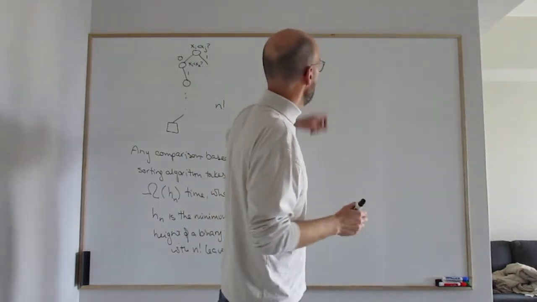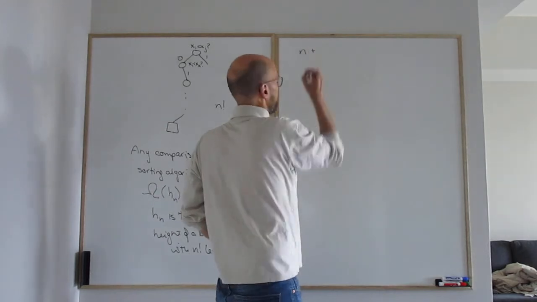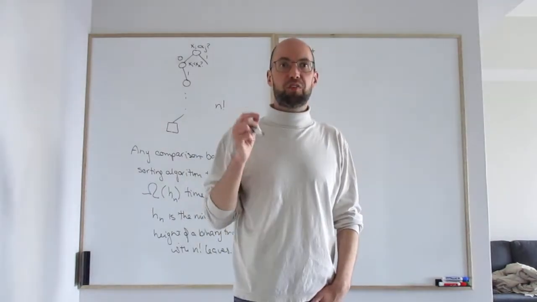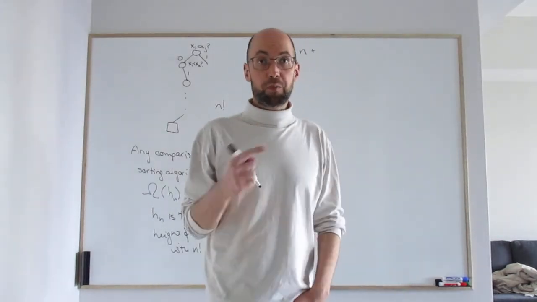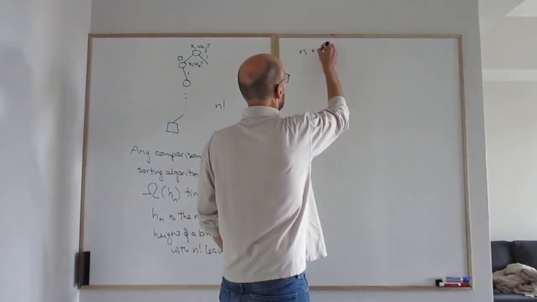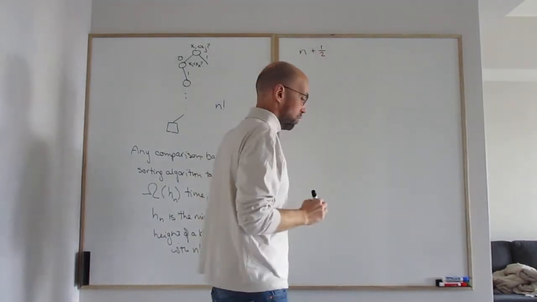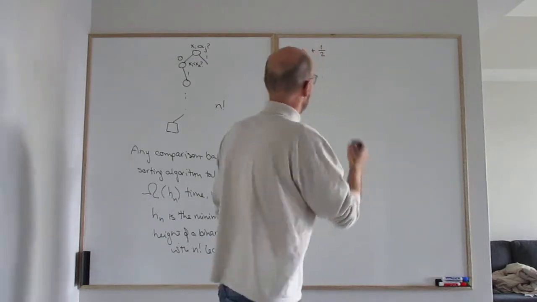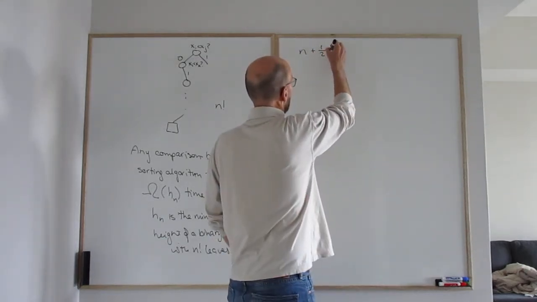So it's n, and then maybe my first pivot was bad, it was a failure. It's a failure with probability a half, and then I have to do another n work.